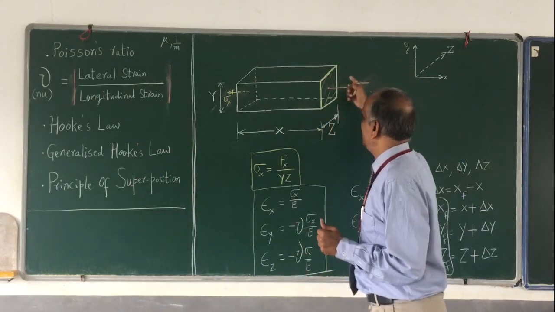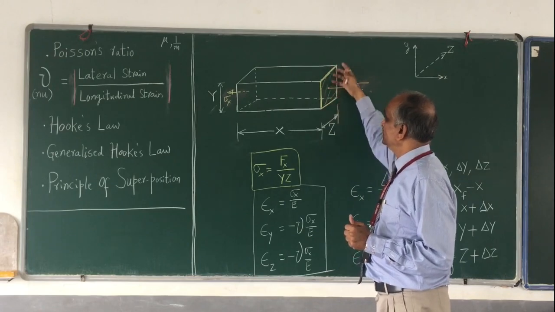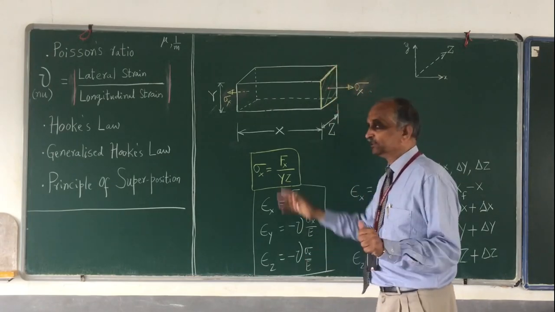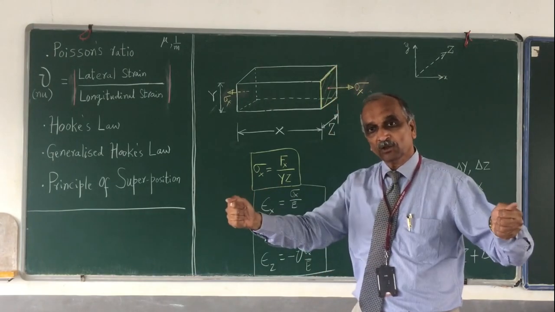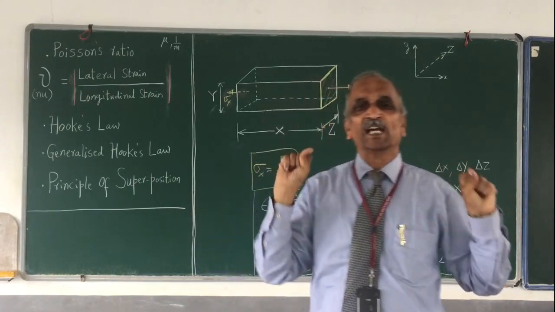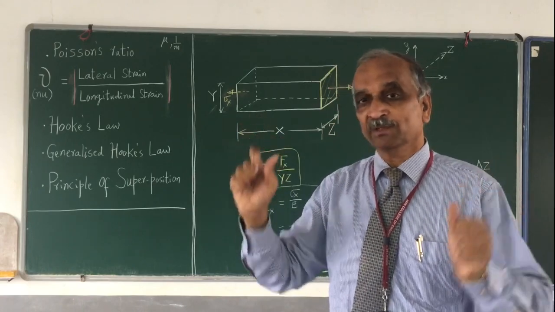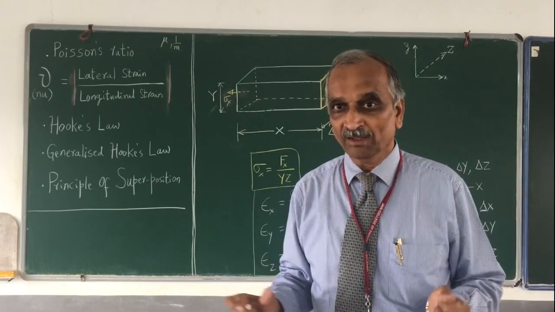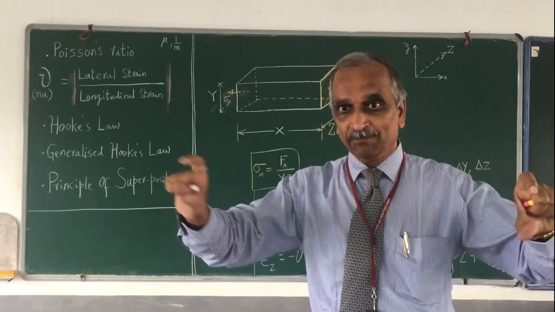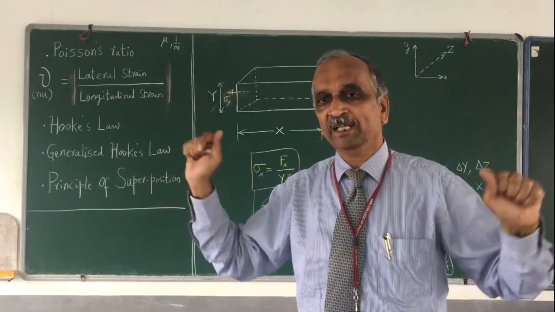The cross section is rectangular before the application of these loads. Once I apply loads, the cross section dimensions will change, but it will remain a rectangle only. It will not become a circle or a triangle. That's why the shape of the body will remain the same.